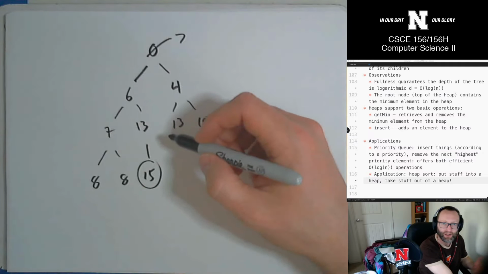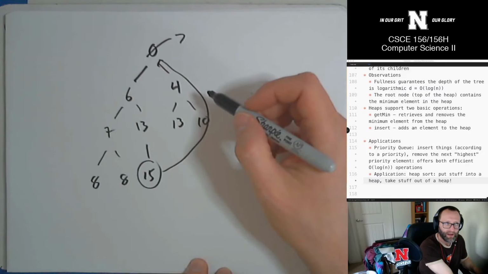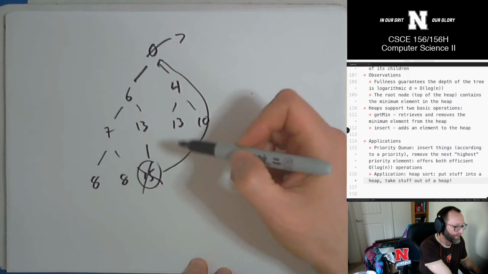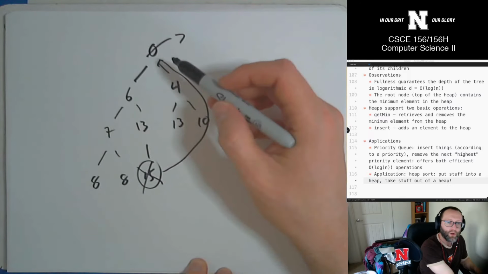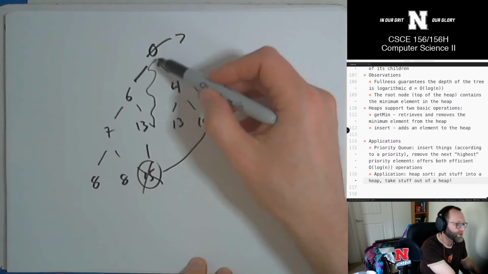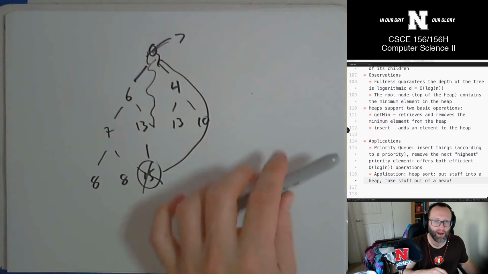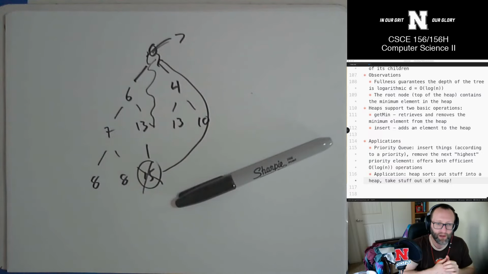You just need to adjust for that minus 1, and you put that at index 0 instead, and you remove this, and then you just need to do what I did with a while loop, but in reverse, making sure that you heapify this 15 downwards. I'll leave that as an exercise for yourselves.